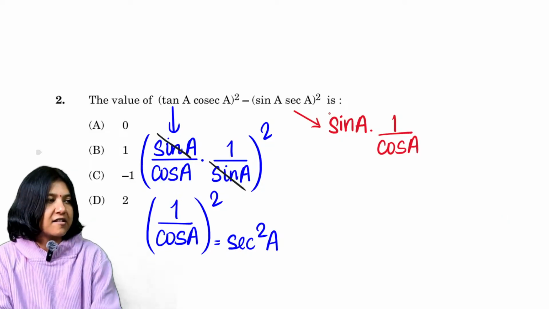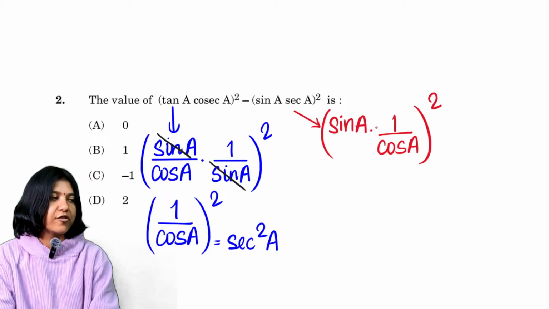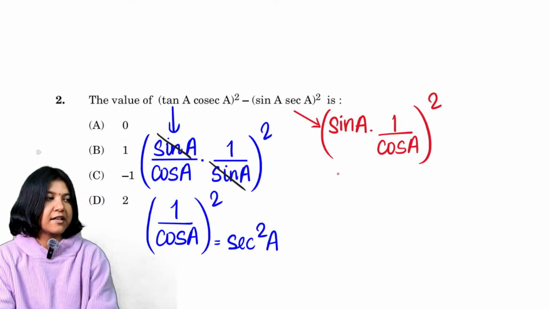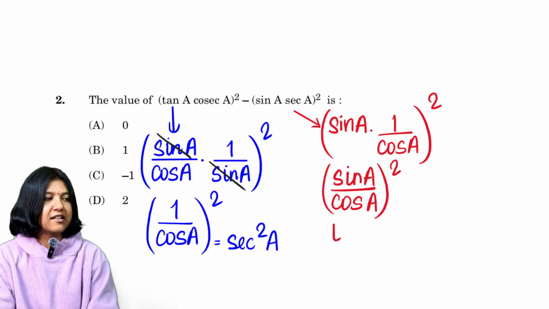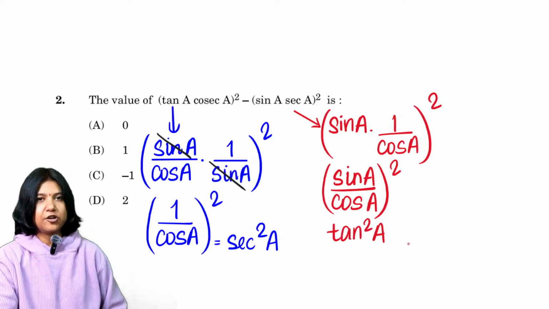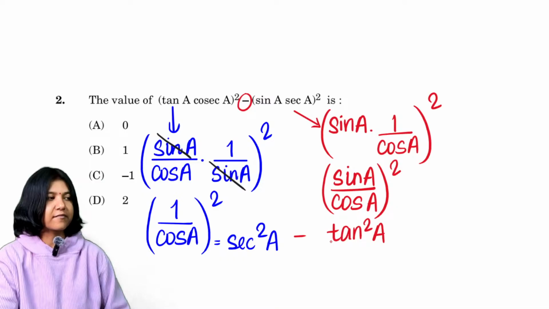So again, it's inside a whole square. Now, overall, they have nothing in common. I cannot get rid of things, but now my numerator is entirely sine A upon cos A. I showed you sine upon cos is simply tan. So what I'm getting is tan square A. All right. The question wants me to subtract the two expressions, sec square A minus tan square A. Now what is that?